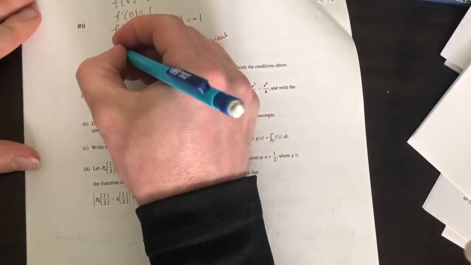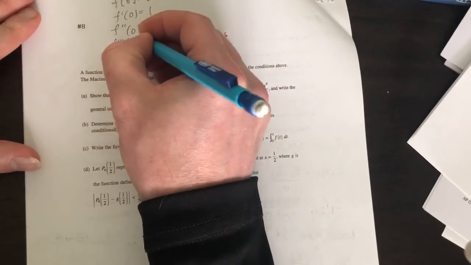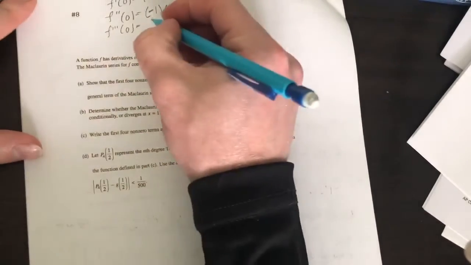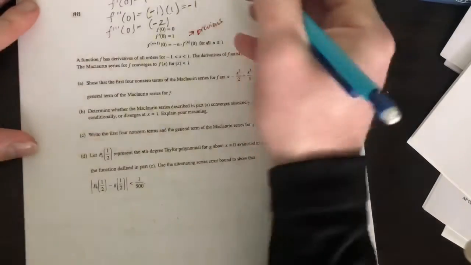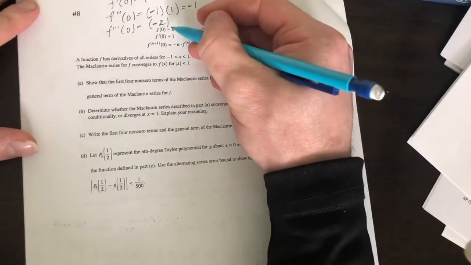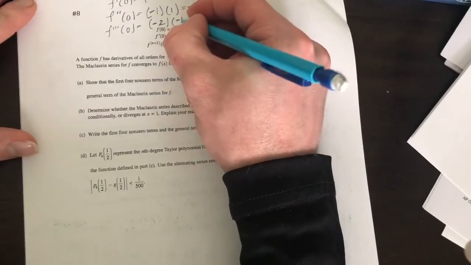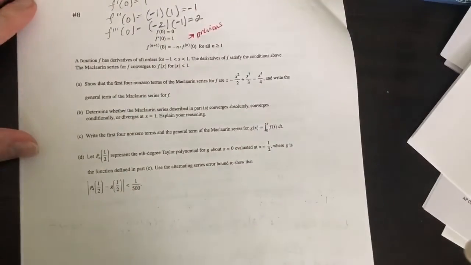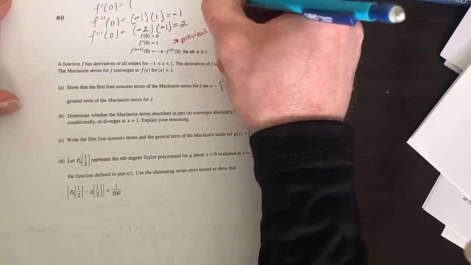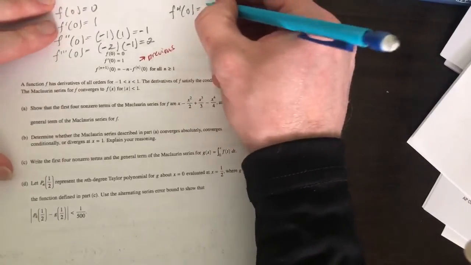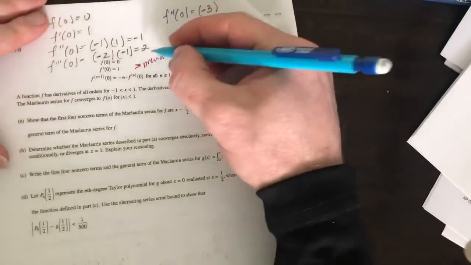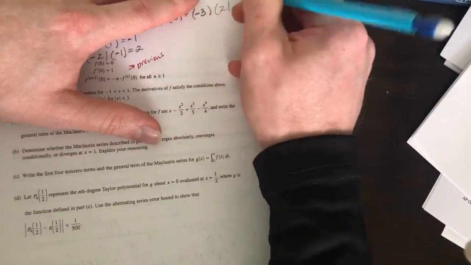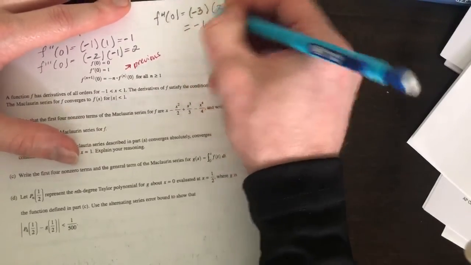Then keep going. Third derivative: it's the previous term times the previous derivative, which is a negative 1, so it's going to be 2. Then the fourth derivative: previous term times a negative, and then times your derivative, which was 2, so it's a negative 6.